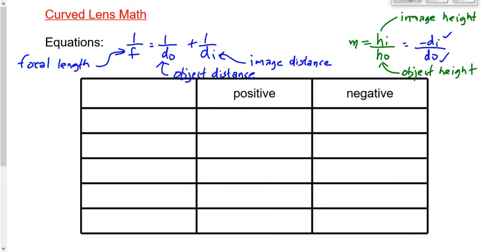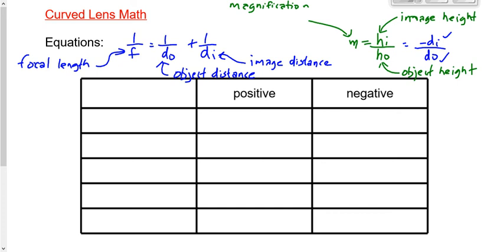Now M might be a little less obvious. M stands for something called magnification. Sometimes you see it as a lowercase m, sometimes uppercase, same thing. The magnification just means how big the image is compared to the object.